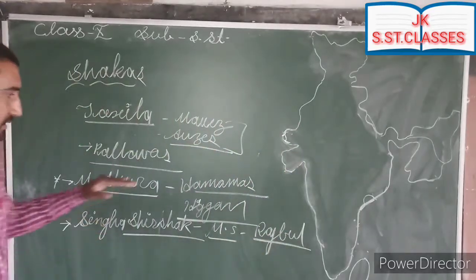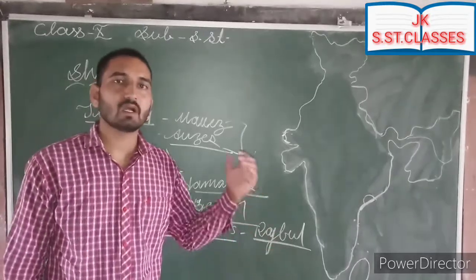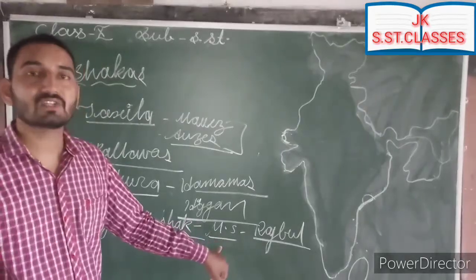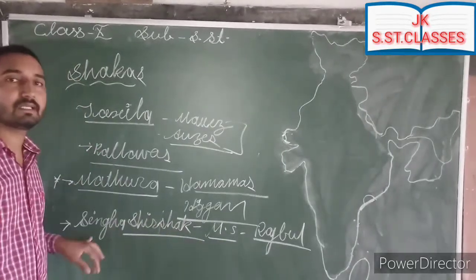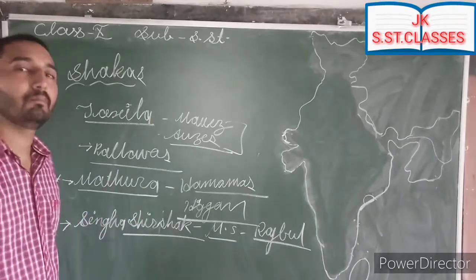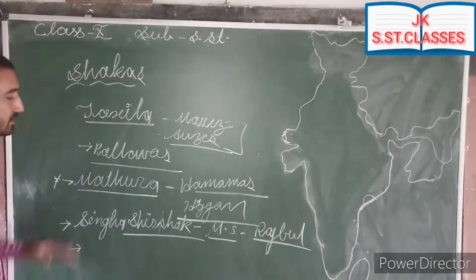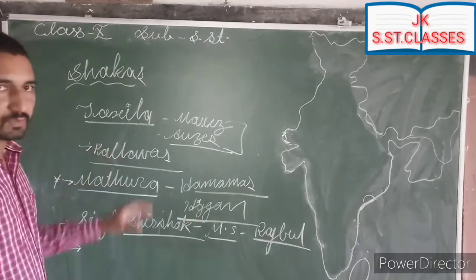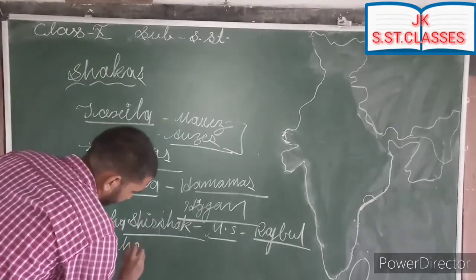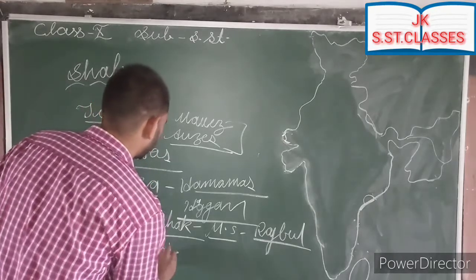Means Hamas and Hagan were the initial rulers, and after that the next ruler was Rajuvul. Rajuvul is referred to as Mahakshatrap in the Singh Shirshak rock edict obtained from Mathura. Is that clear? And the Shak dynasty of Mathura was eliminated by the Kushanas.